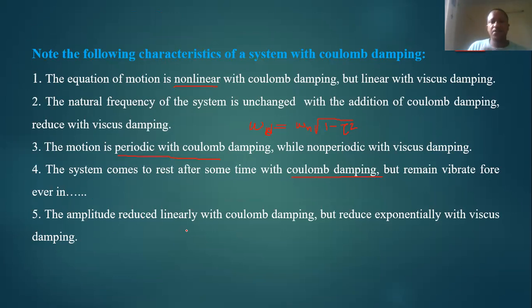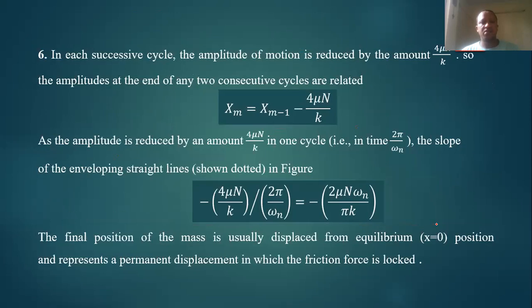The amplitude reduces linearly with Coulomb damping, but in the case of viscous damping, it is reduced exponentially. So these are the conditions. In each successive cycle, the amplitude of motion is reduced by the amount 4 mu N over k.